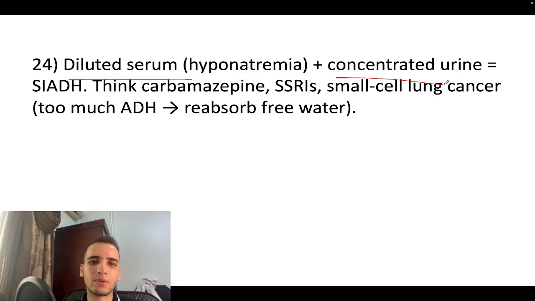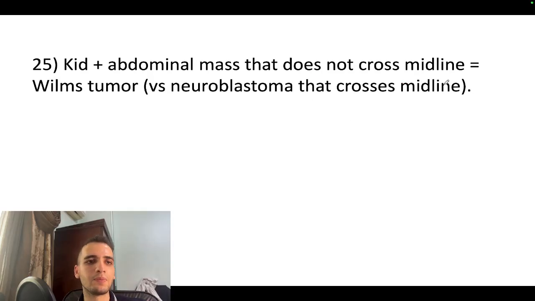The most important drugs are carbamazepine, which is an anti-epileptic, and the SSRIs. The most important cancers is usually small cell lung cancer. Remember, small cell lung cancer will cause SIADH. It can also cause Cushing syndrome, and it can cause Lambert-Eaton. On the other hand, squamous cell will cause parathyroid hormone-related peptide increase.